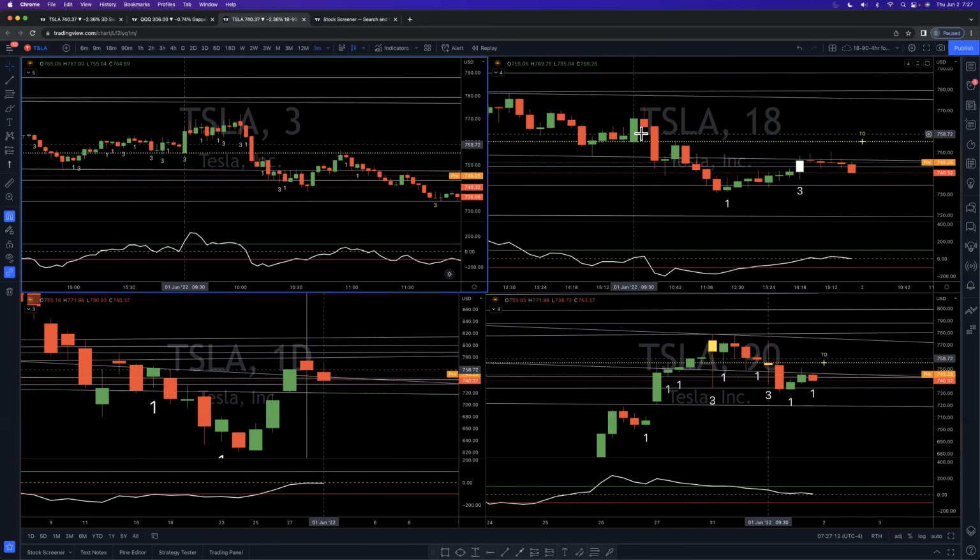And so I don't have clarity around that. Why? My CCI is not above 100 on the 18, and CCI is drifting below 100 on the 90.